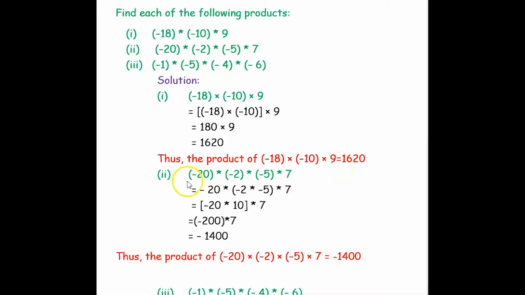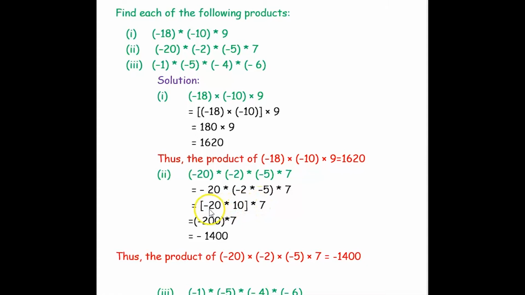The next question is negative 20 into negative 2 into negative 5 into 7. Let us analyze how to associate the numbers so that we can find the product very easily. If you look here, 2 into 5 is 10. So we are associating negative 2 and negative 5. Negative 2 into negative 5 is positive 10.